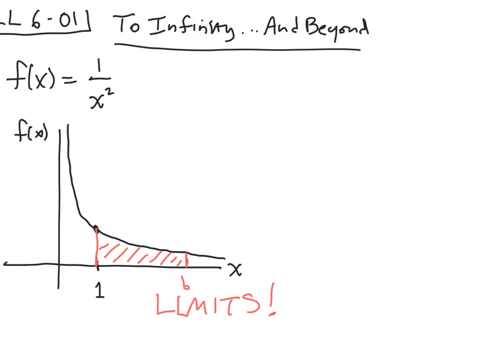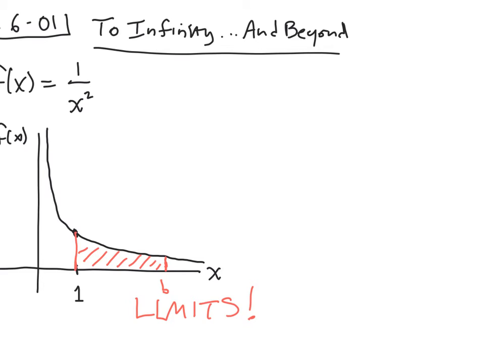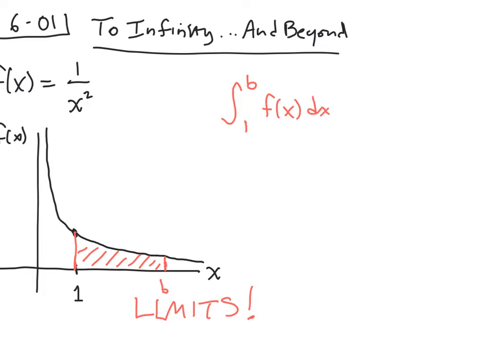And you probably know by now, the way that we find that area is we calculate an integral. In this case, we calculate the integral from 1 to b, where b is that real number, of f of x dx. So in this particular case, that would be the integral from 1 to b of 1 over x squared dx. And we can evaluate that one using the power rule. The power rule says that the antiderivative of x to the minus 2 is 1 over negative 1 times x to the minus 1, evaluated at 1 and at b.